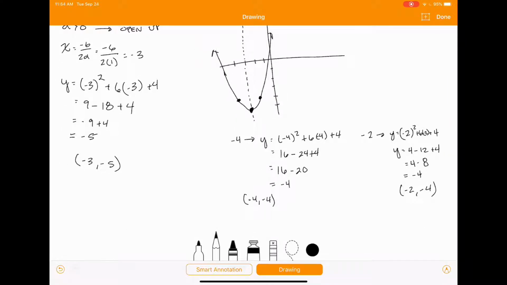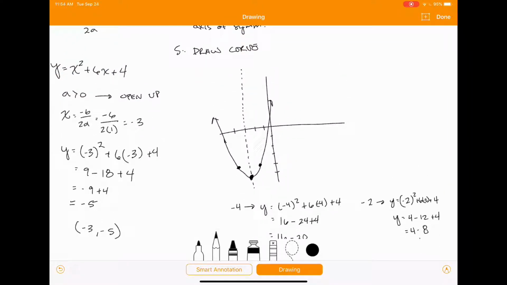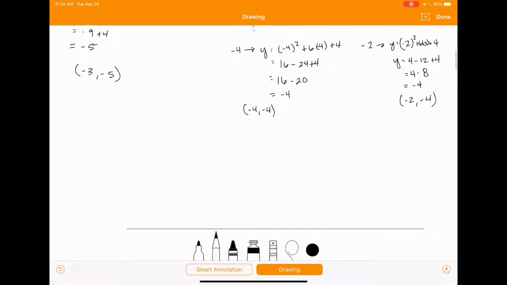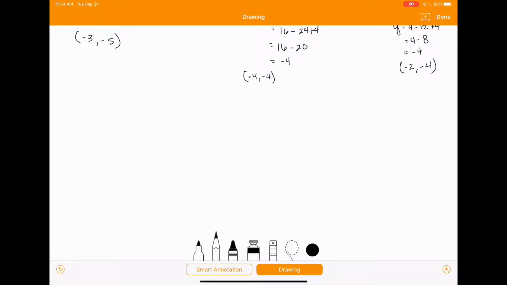Now, another way that you can graph these is by factoring. So we won't go through an example, but I'll go ahead and give you the steps. So the first thing you're going to want to do is factor your quadratic.